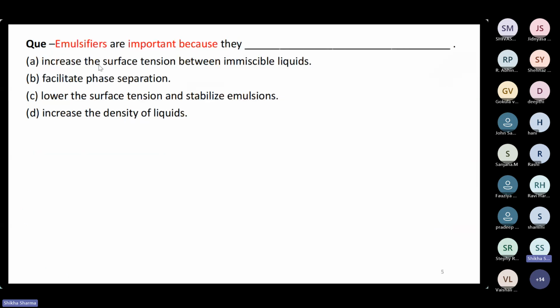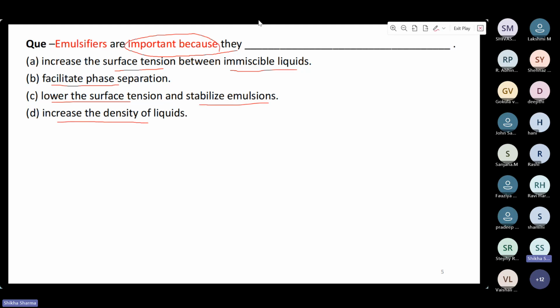Next question is that emulsifiers are important because, as we just discussed, they increase the surface tension between two immiscible liquids, or they facilitate phase separation, or they lower the surface tension and stabilize the emulsion, and fourth is increase the density of liquids.